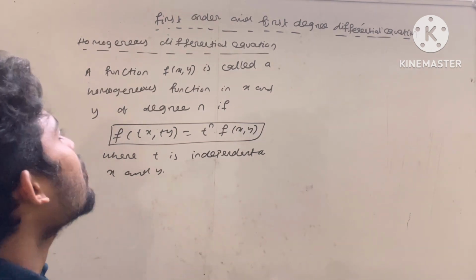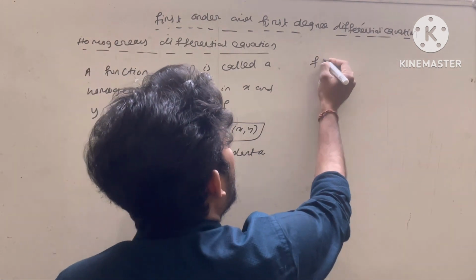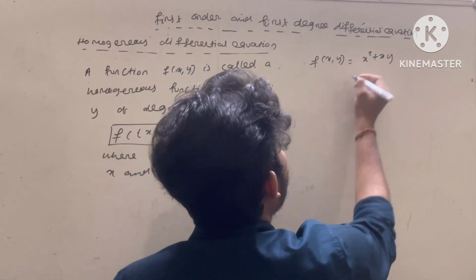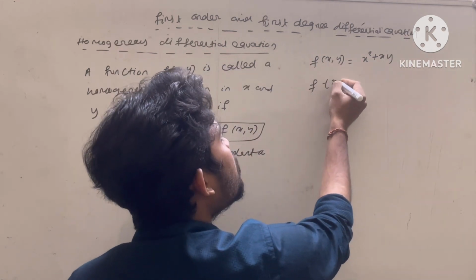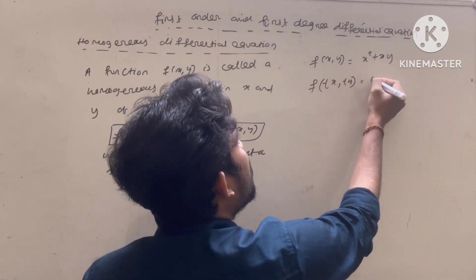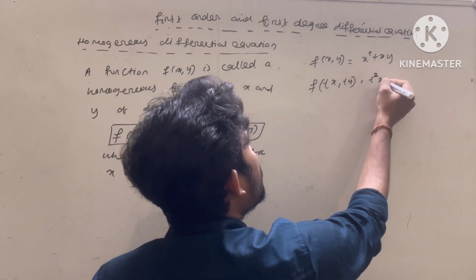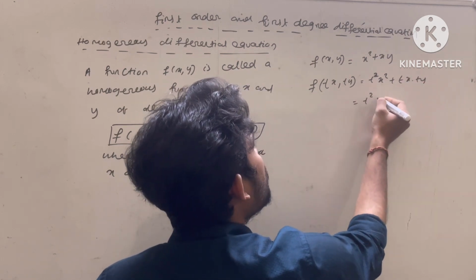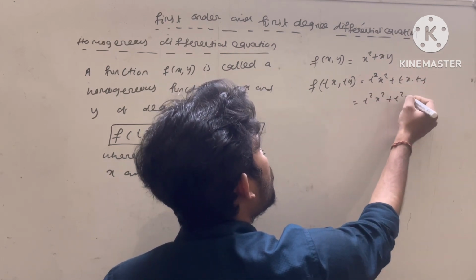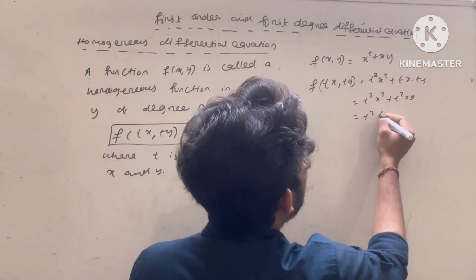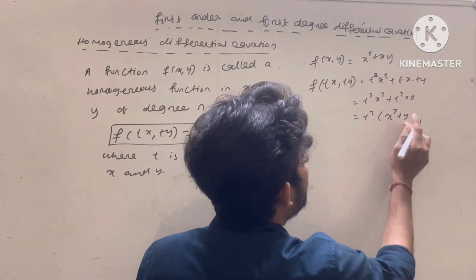Taking an example. For example, if f(x,y) is x squared plus xy, then what is the degree of this homogeneous function? f(tx,ty) is t squared x squared plus t x times t y. So this is t squared x squared, and this is t squared xy. Taking t squared common on both terms, we get t squared times (x squared plus xy).